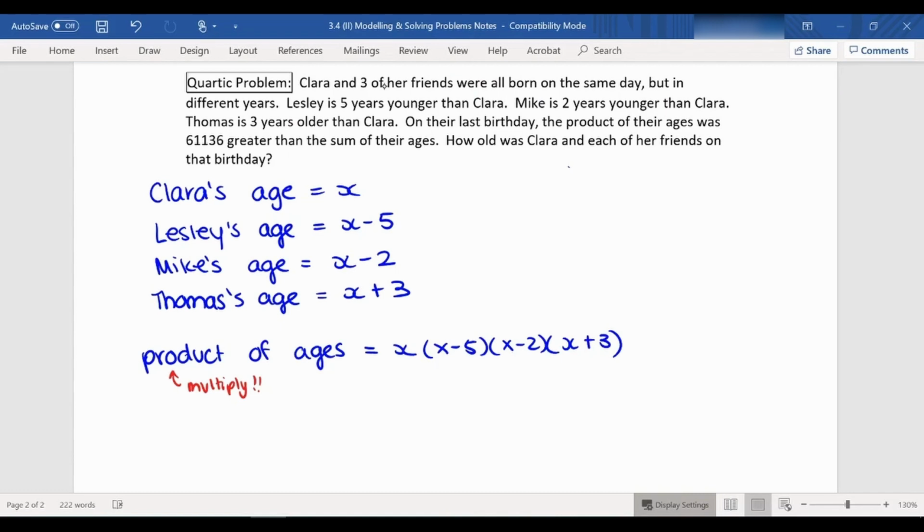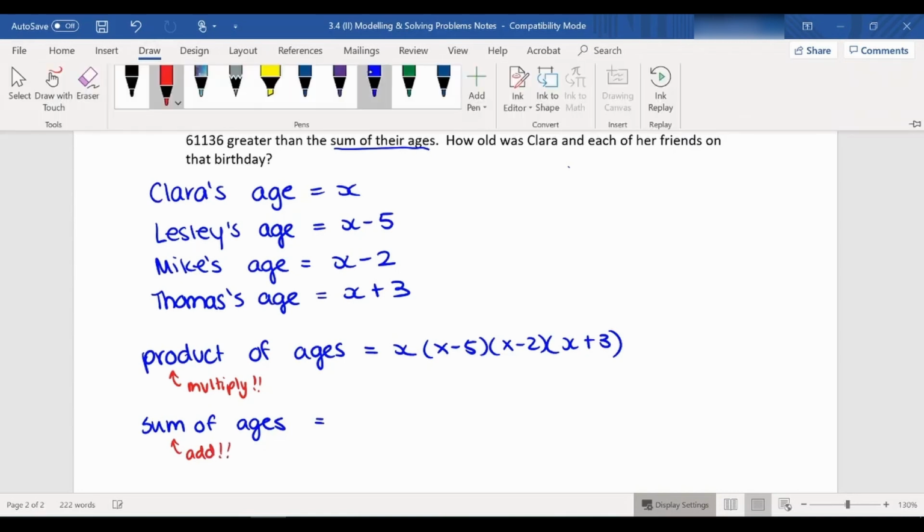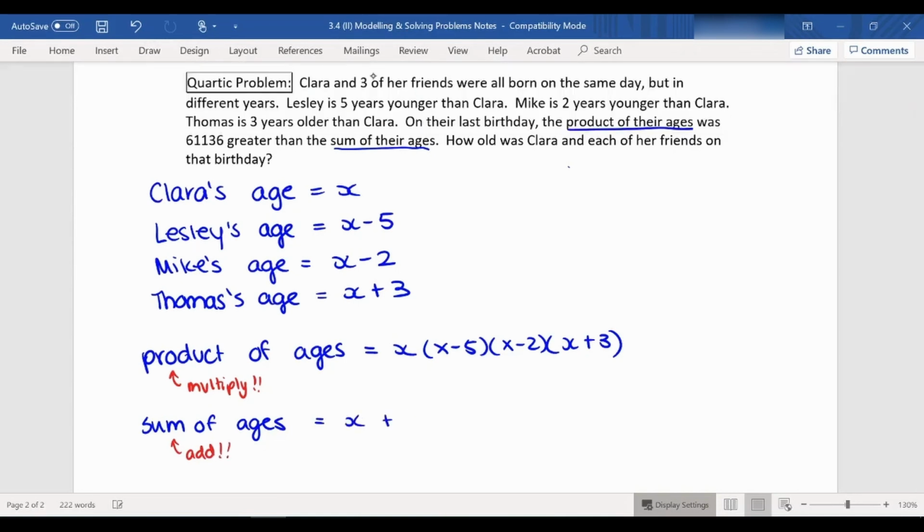Okay. Then it's telling us about the sum of their ages. It's saying the product of their ages, and it's talking about the sum of their ages. So the sum of their ages would be adding them all together. This would be x plus x minus 5 plus x minus 2 plus x plus 3.